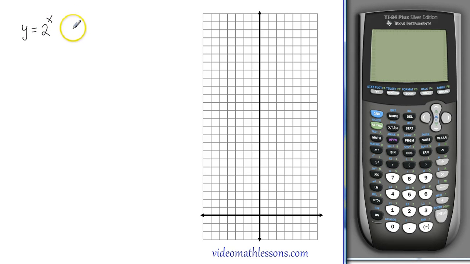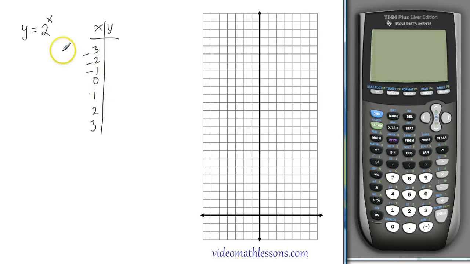Now, in class, you probably, hopefully remember that we make a table, and we're going to plug in values for x, and it'll generate the y values. So we start off with 0, and we go positive 1, 2, 3, and we go negative -1, -2, -3.